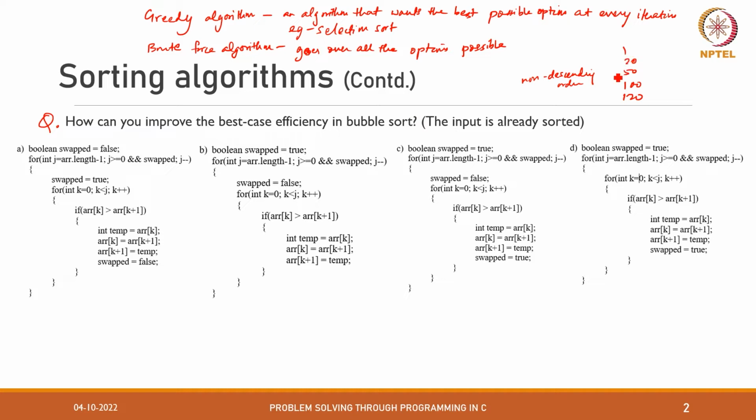That is, how many iterations will bubble sort take to recognize that this array is sorted? You have 4 different algorithms here as options. Just try to work them out and see which of these account for the best case efficiency in bubble sort.